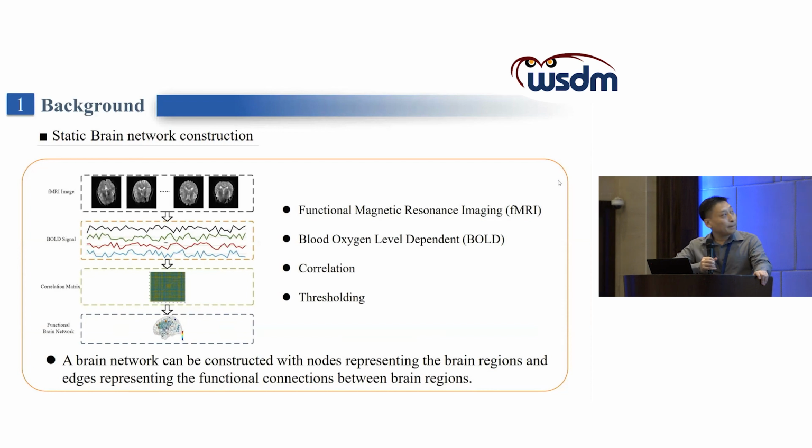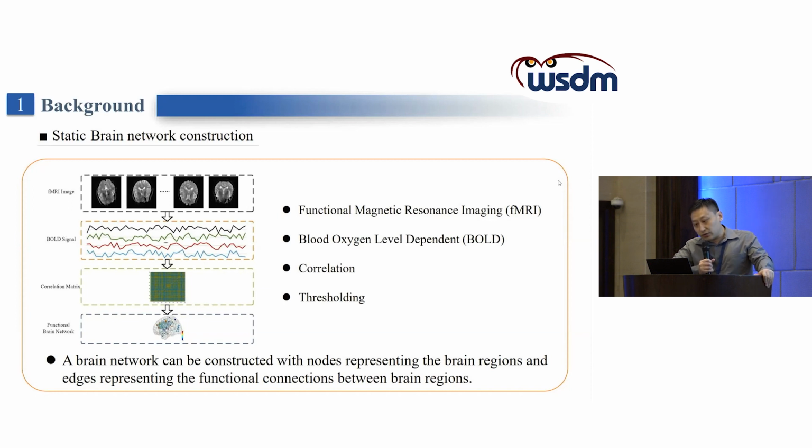In this process, we compress the information with time information into a static correlation matrix, and subsequently a static functional brain network. That is why we lost some information on the time dimension.